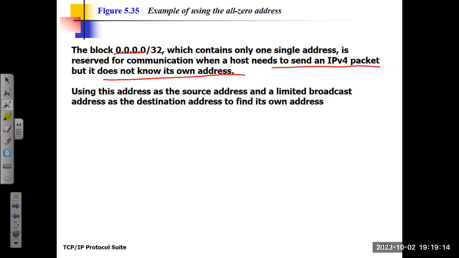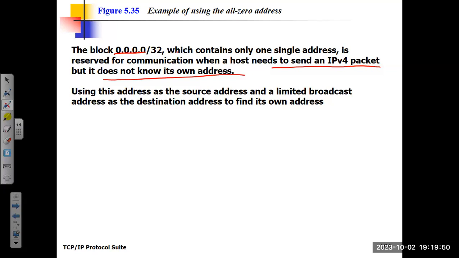So when you turn the computer on, the first thing you will do, you will send a broadcast message. The destination address is 0.0.0.0. What that means? Sending this message to everybody, saying, what is my IP address? Asking everybody, does anybody know what is my IP address? So this one is going to reach everybody. If you are a computer, you will ignore it because it's not my job.